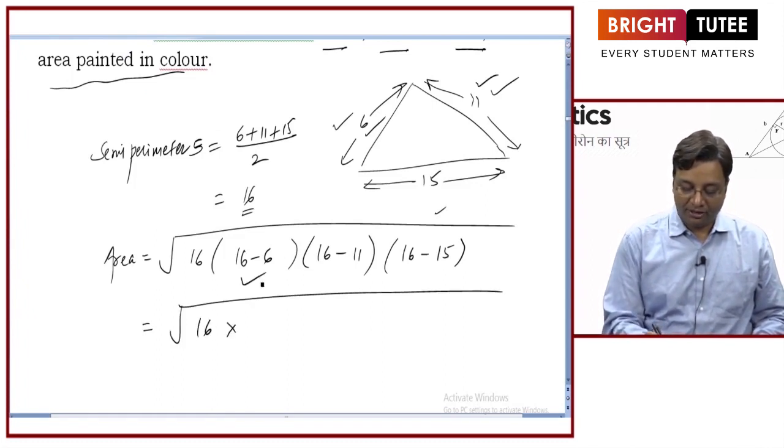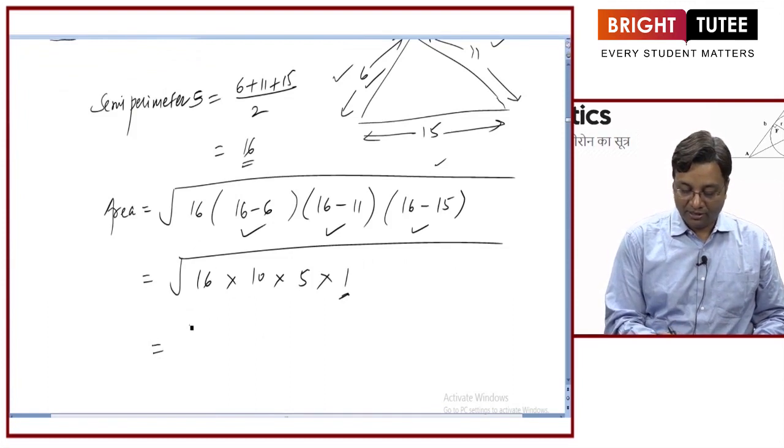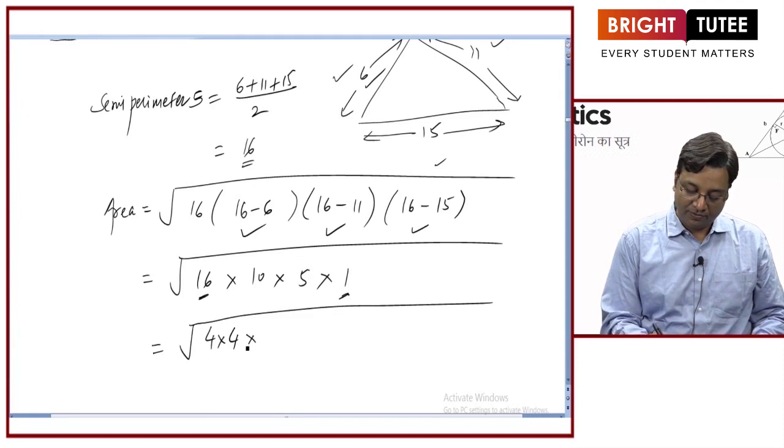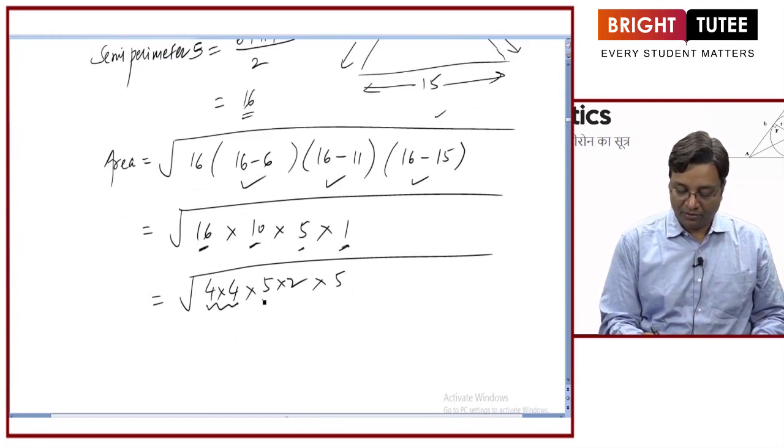16 into this is 10, this is 5, this is 1. So we don't have to worry about this. Now let us look at the other things. 16 can be written as 4 into 4, 10 can be written as 5 into 2, and there is a 5 here. So we have got two pairs, 4 into 4, 5 into 5.